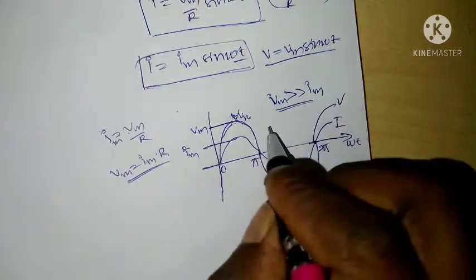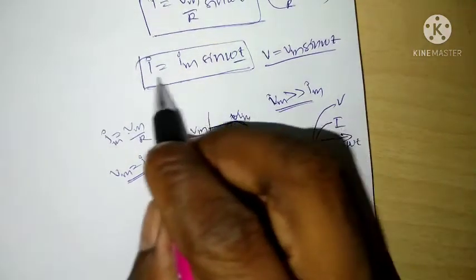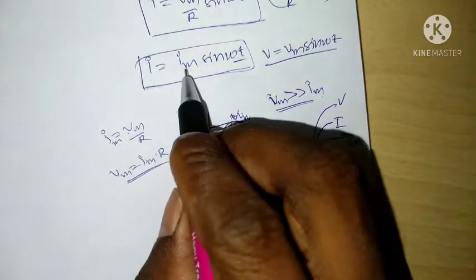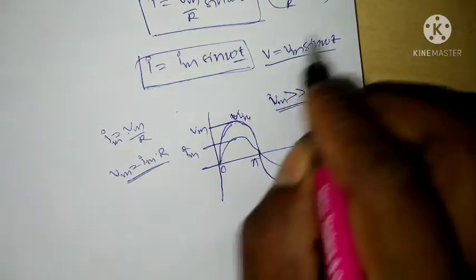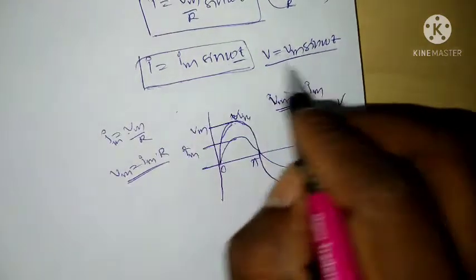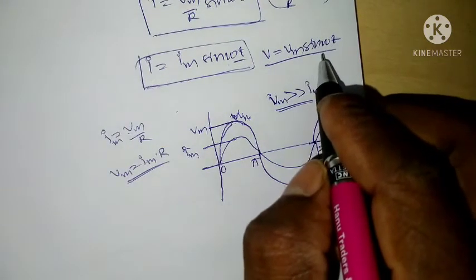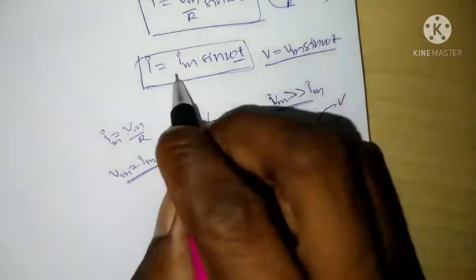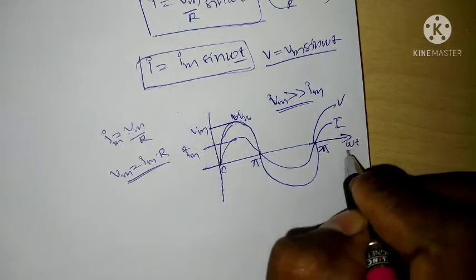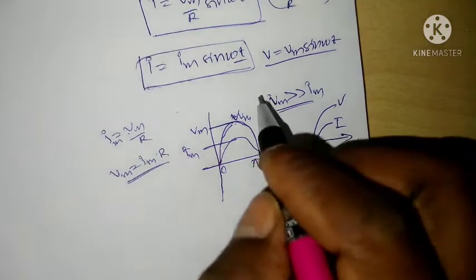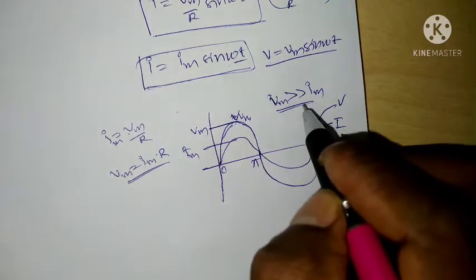The sine waves for current and voltage are in the same phase with respect to time, but the amplitude changes.